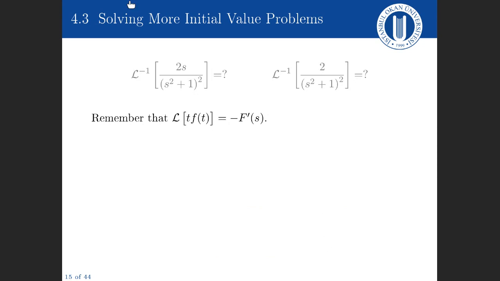Let me remind you of a formula from last week. Remember that the Laplace transform of t f of t is minus capital F prime. We're going to use this to find these two inverse Laplace transforms that we want.